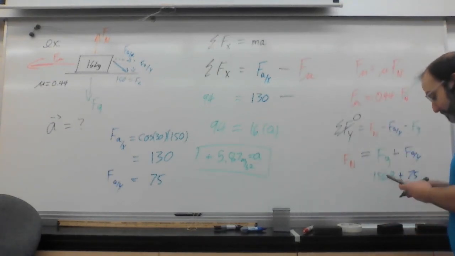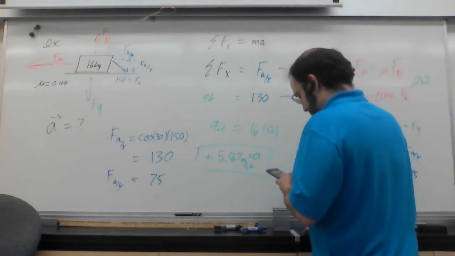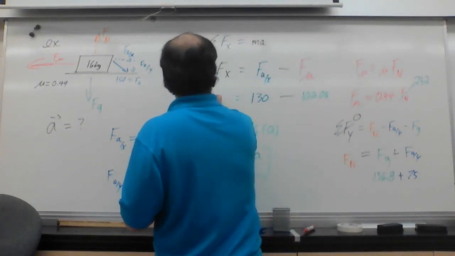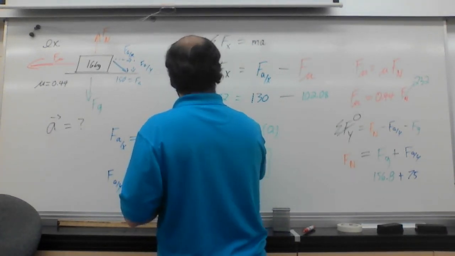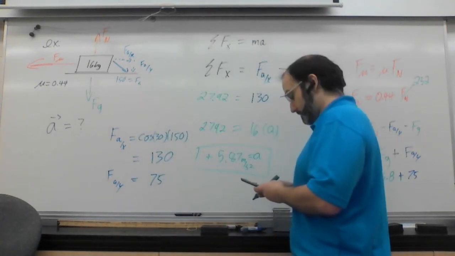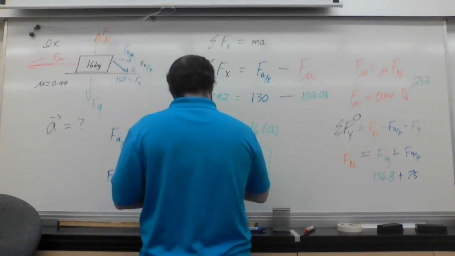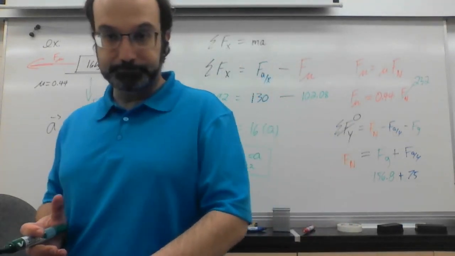I need to make sure to include my coefficient of friction. 232 times 0.44 equals, there we go, 102.08. So 130 minus 102.08 will be 27.92. 27.92 divided by 16 is equal to 1.745. And there we go.